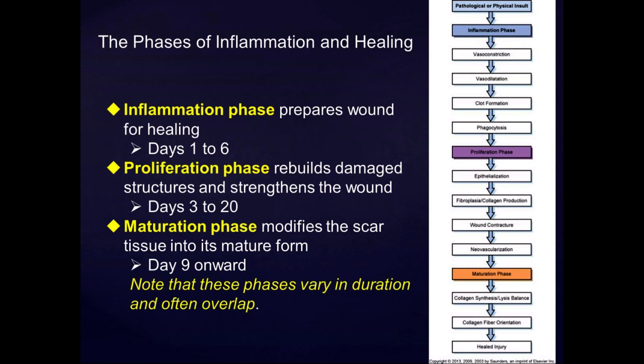So the first phase, the inflammation phase, days 1 through 6, basically prepares the wound for healing. It's a protective response. It's an attempt to destroy, dilute, or isolate the cells or tissue at fault. So we talked about this in pathology.